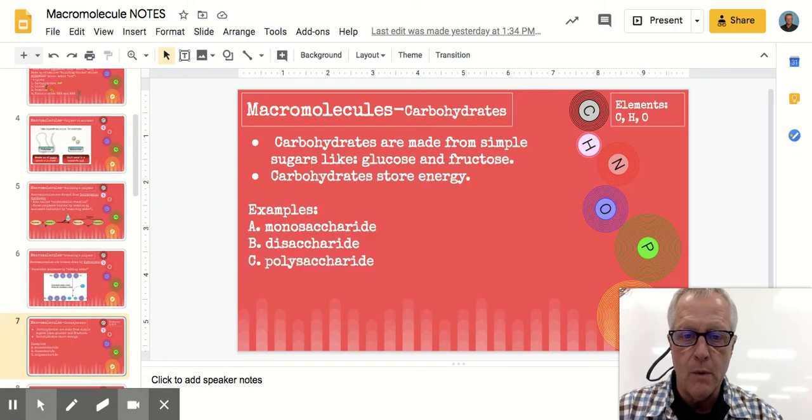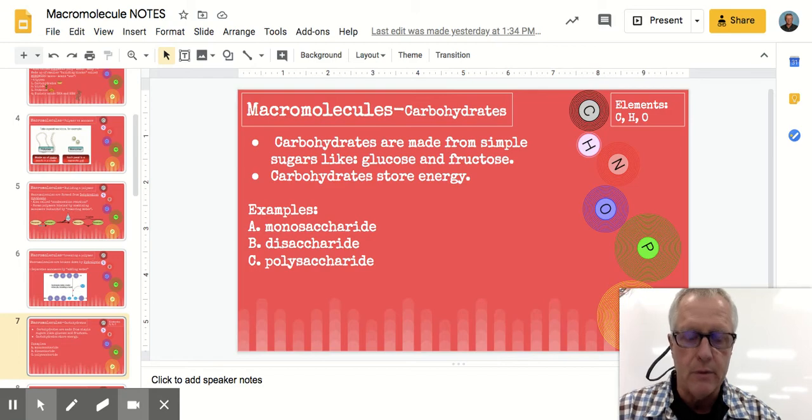One group of macromolecule that we want to focus on are the carbohydrates. In general, those are known as the sugars, but there are some divisions of that: monosaccharides are the simple sugars, mono means one. Disaccharides, di means two, so that's a double sugar.